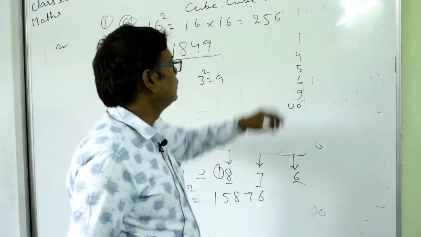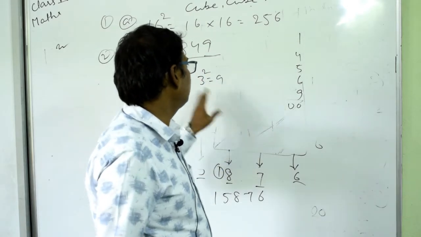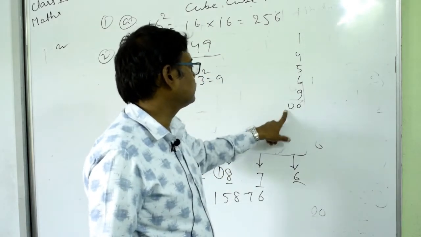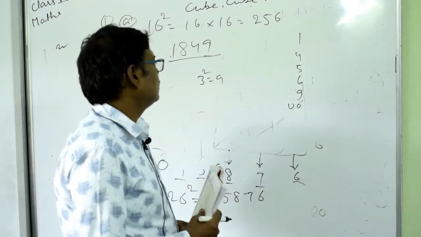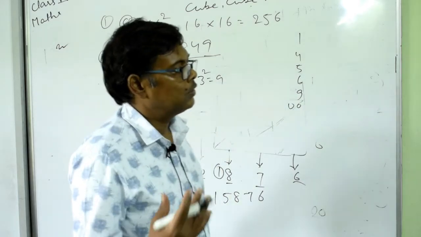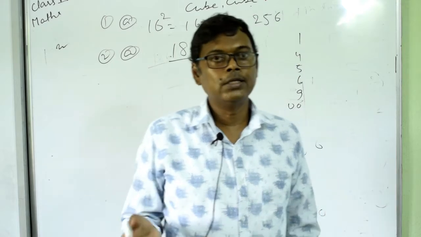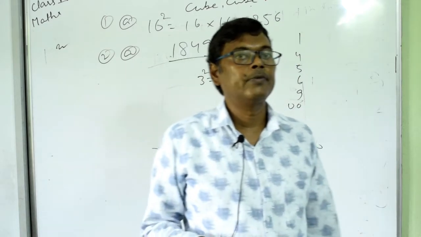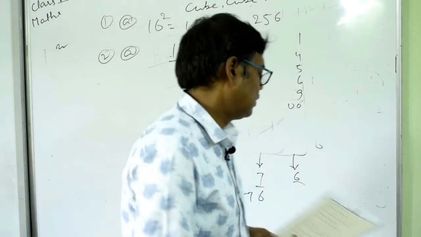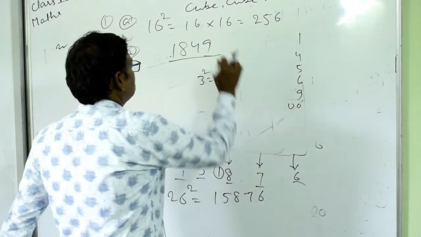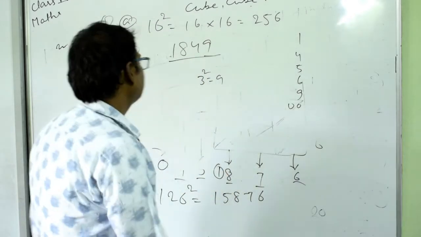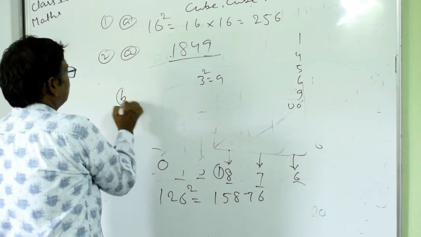If you see these digits at the ones place or at the ones and tens place, then you can say that the number may be a perfect square or may not be a perfect square. So this may or may not be a perfect square.